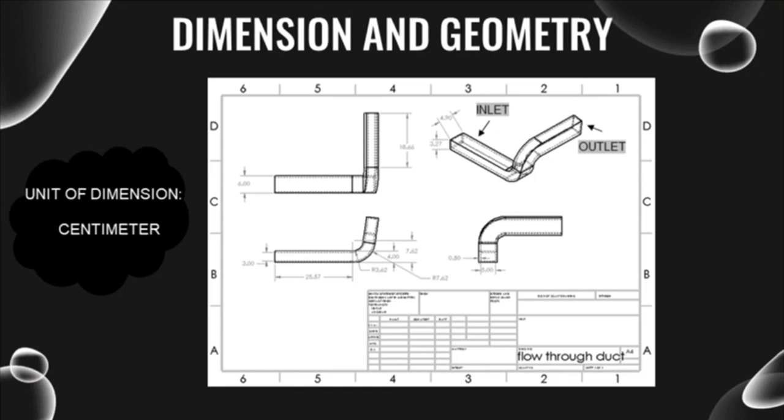From the views, we can see that all dimensions have been measured, including the radius of the duct bend. That's all for the dimension details and geometry. So the simulation method will be conducted by Iqbal, who will show the steps using ANSYS Fluent.